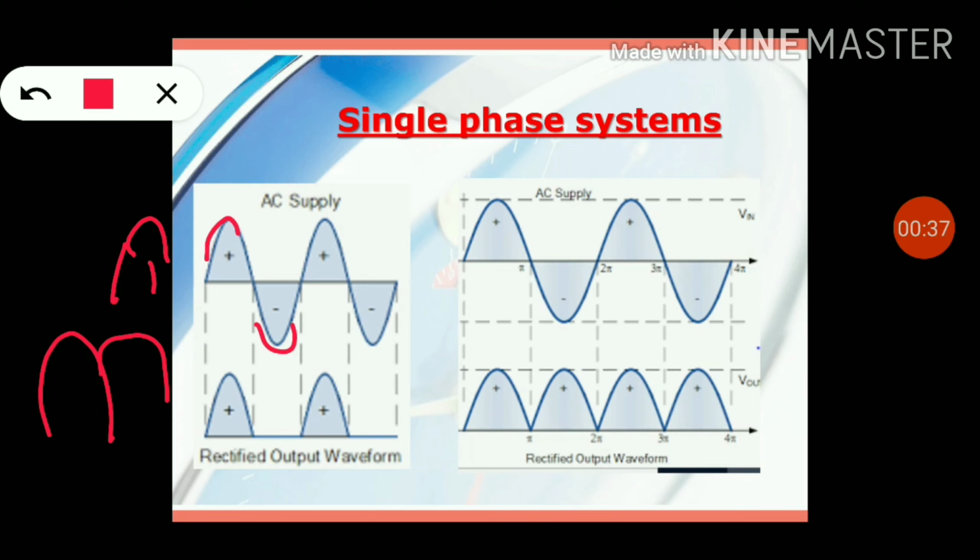Half wave rectification results in a voltage that rises, comes to 0, then increases again, then comes to 0. That's why kVp was used as a parameter in earlier days.